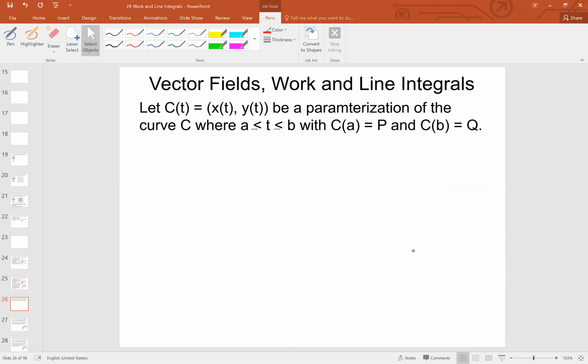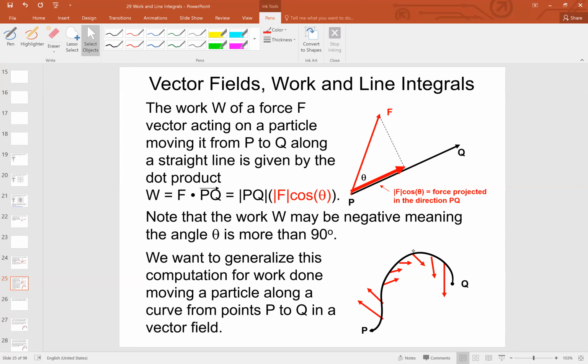So the way to do it is the integral. Again, I'm going to add up a bunch of little pieces of work done on little pieces of movement, and the integral we come up with, we call the line integral over this curve.